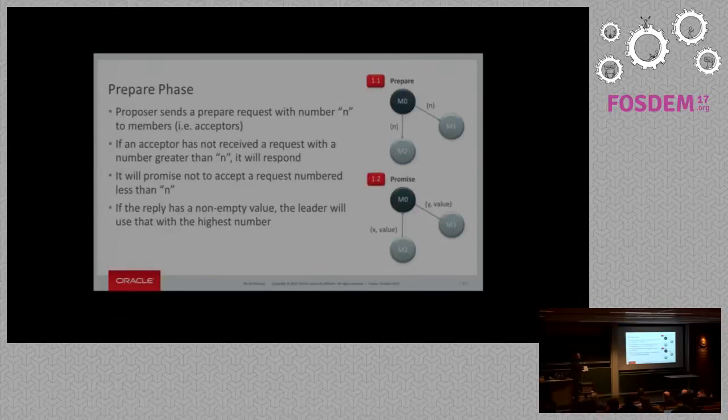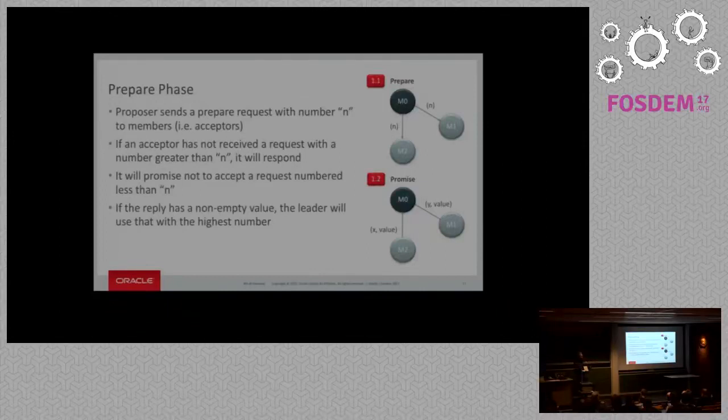So the first phase, this prepare phase or leader election phase: basically one of the nodes, one of the proposers, becomes a leader. And the idea here is that if there are many bosses, there is no progress. If several people are bossing around, there is no progress, as in real life. So we have to pick one of these nodes as a leader. This is the first phase of the Paxos protocol.